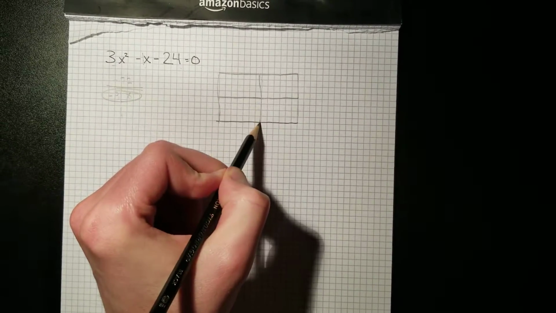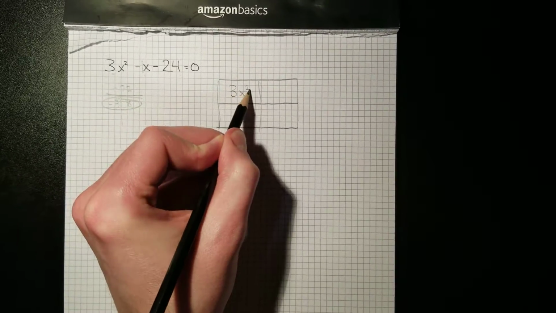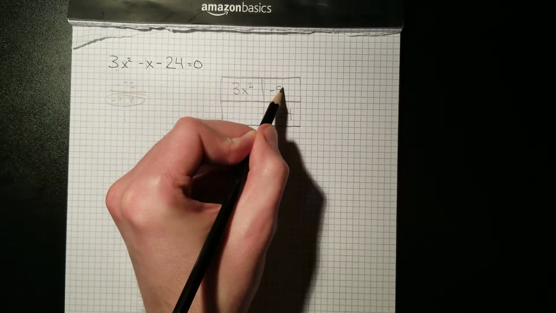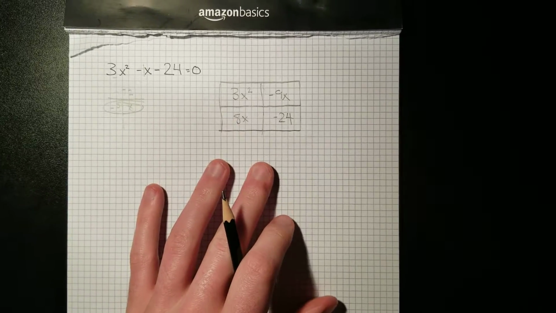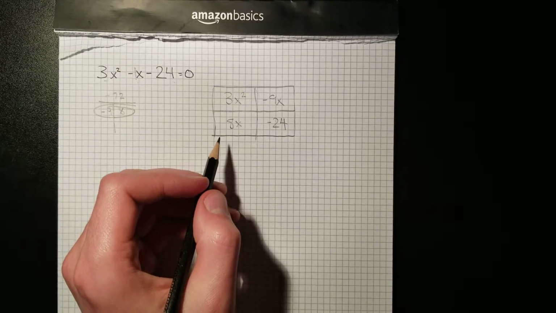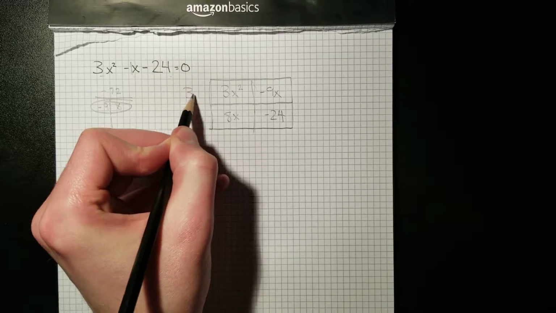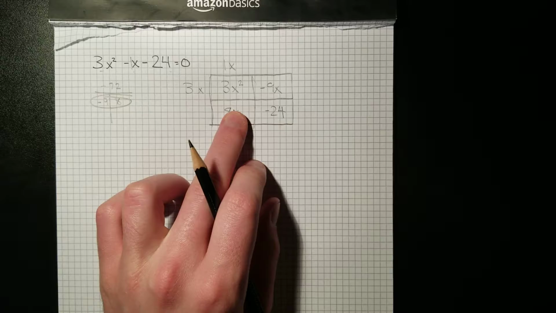So make the box. 3x squared goes here. Negative 24 goes here. We'll put the negative 9x here and the 8x there. So we have all the parts of the box. Now we're going to break that down. 3x times 1x, that's how you're going to get the 3x squared.